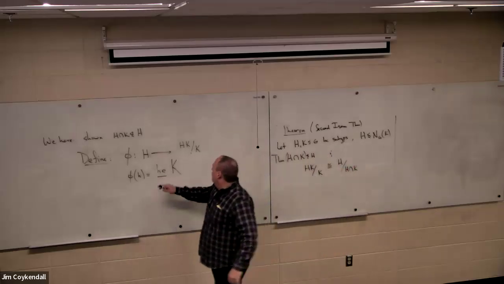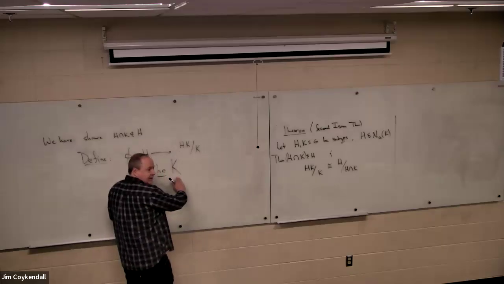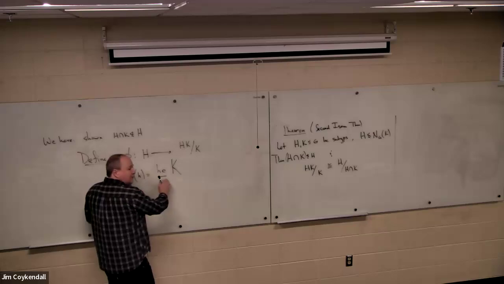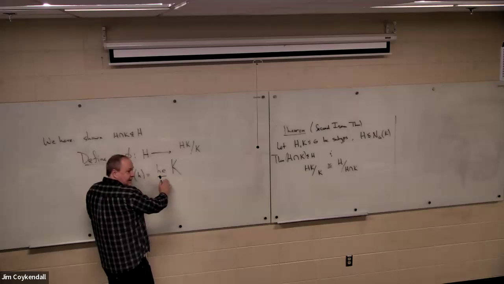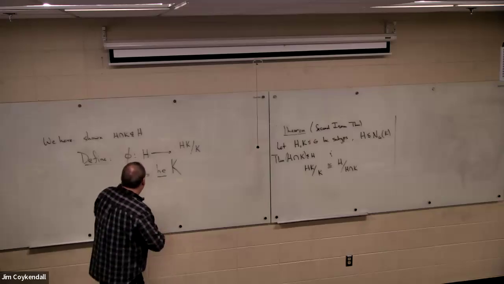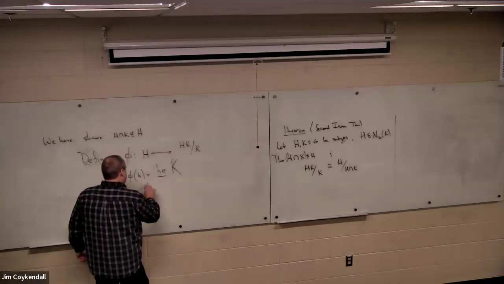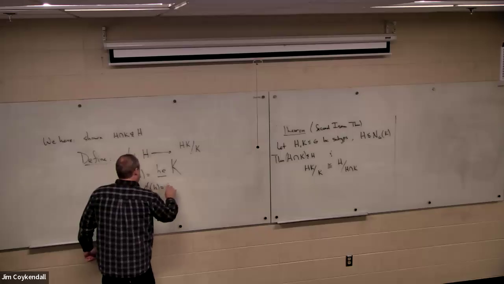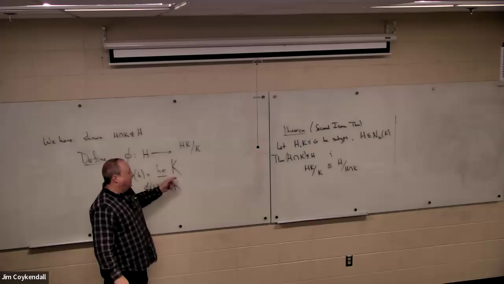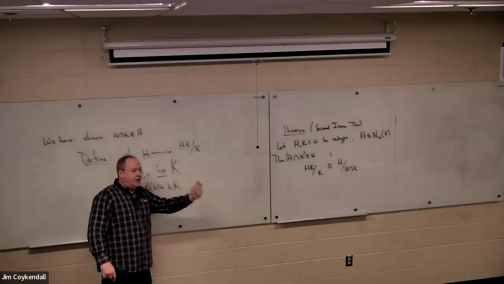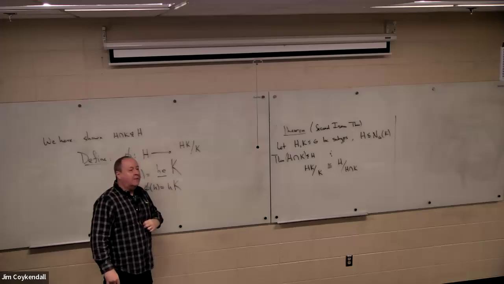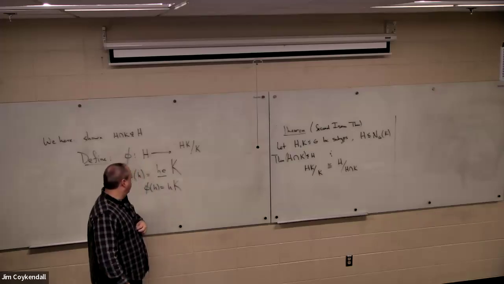I know I've got to go to something times K, because this is a coset, and I'm going to take this to the easiest input. Here's the strategy: I am going to prove that this is a homomorphism, that it's onto, and I'm going to find what the kernel is. And I'm going to apply the first isomorphism theorem.